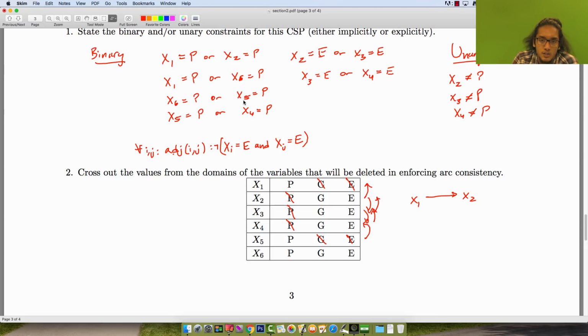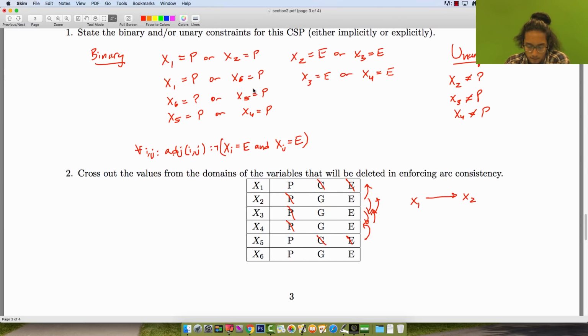And they just say that at least one of the pair, x1, x6 or x6, x5 has to be p, right? And that'll always be the case because the values which I'm assigning to x1 and x5 can only be p, right? So regardless of whether x6 is p or g or e, because these values are here, I can always satisfy these constraints. And so actually nothing gets pruned from 6.